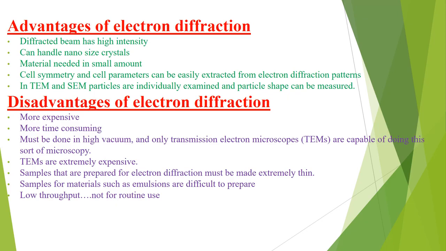The TEMs are extremely expensive. Samples that are prepared for electron diffraction must be made extremely thin, and samples of materials such as emulsions are difficult to prepare. Low throughput, not for routine use.